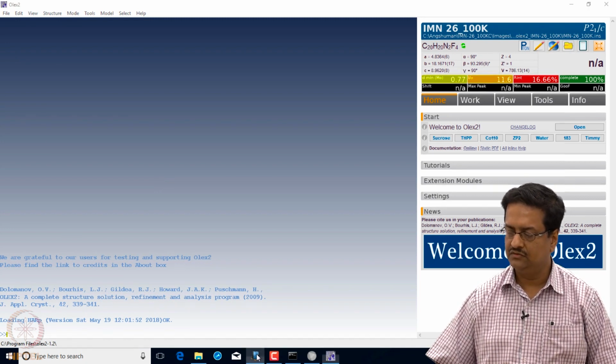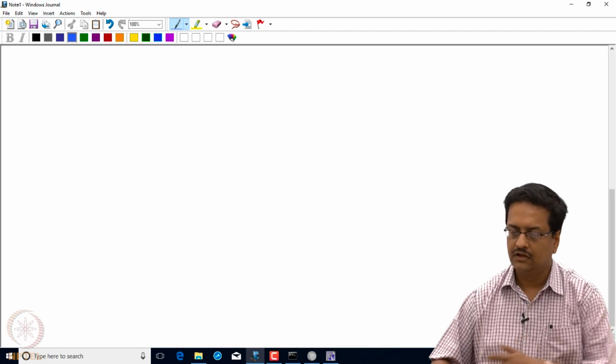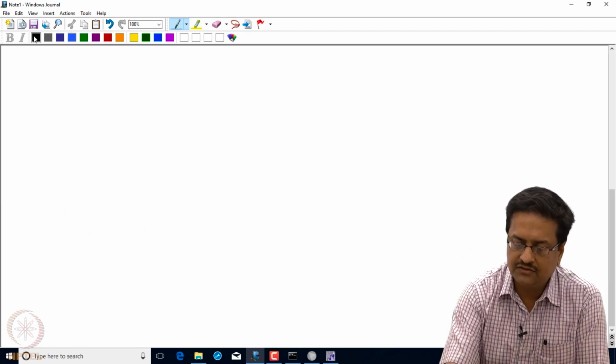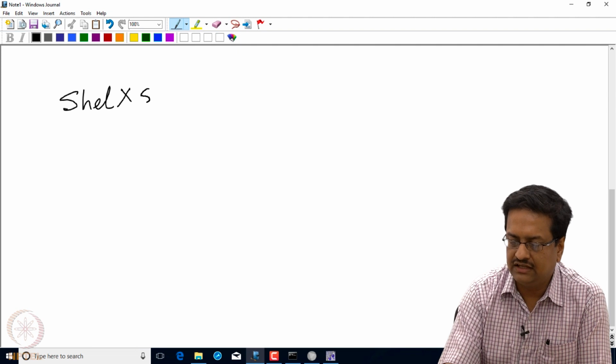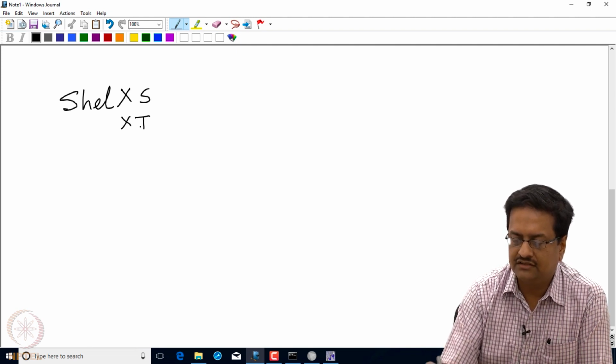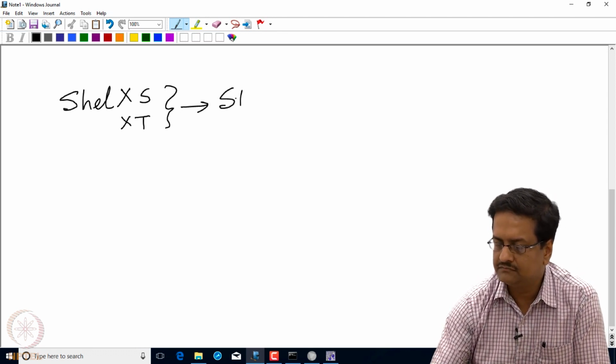For structure solution we use a very well-known software called SHELX. SHELXS, or currently called XT, is used for structure solution.